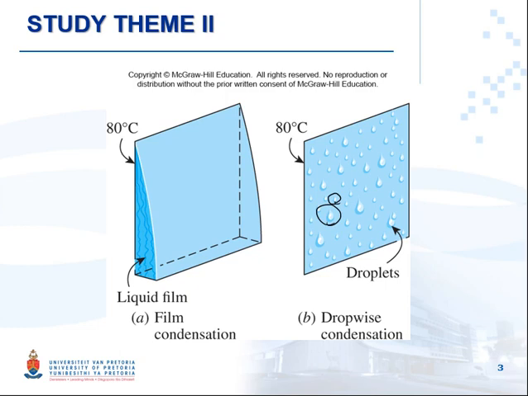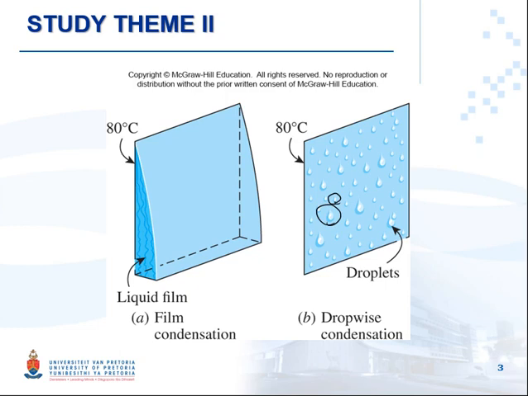But how about the difference between these two? When we look at the picture, of course we can easily see the difference between film condensation and dropwise condensation. In film condensation, the liquid film between the solid surface and the vapor serves as a resistance, and this resistance increases when the thickness of the liquid film increases.